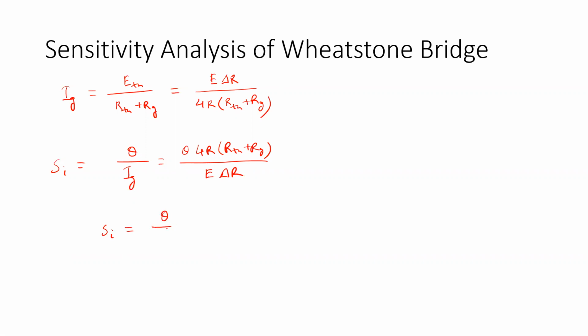In this case, if you recall the expression of theta, which was SV into E S into delta R divided by R plus S whole square, we can rewrite it for the maximum sensitivity to be this one.